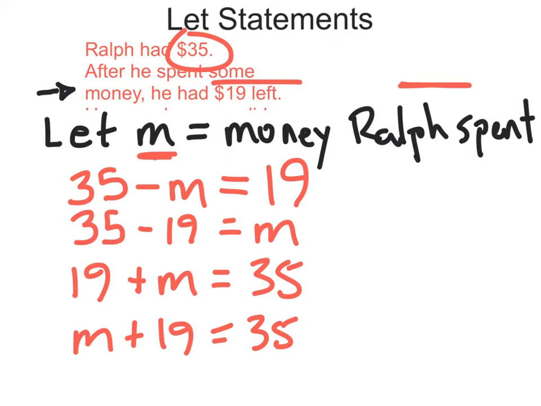Now I want to solve this. So looking at this equation, I have one piece of information, 35 minus M equals 19. This equation here, 35 minus 19, gives me two pieces of information and then the equal sign. So I'm going to use that one. 35 minus 19 equals M. I'm going to do some margin work.